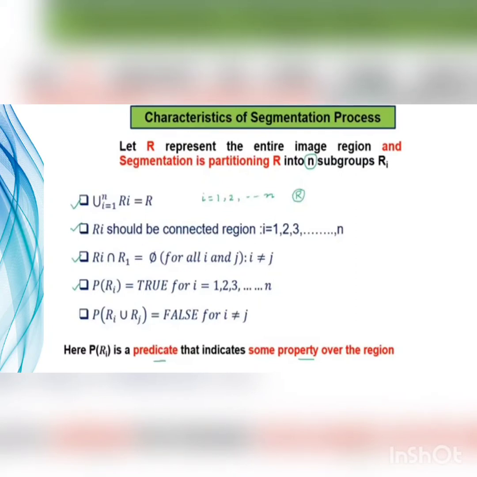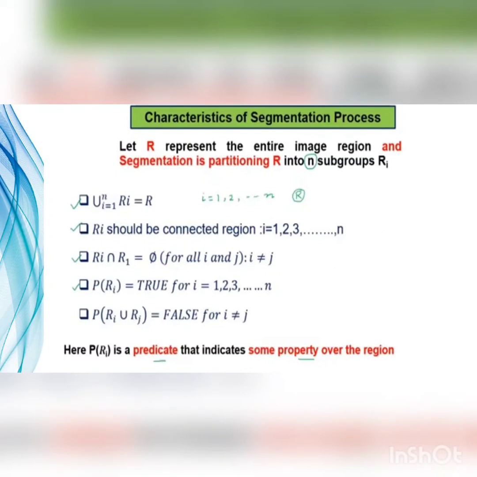The first is the union of Ri for i equal to 1 to n equals R. That is, let R be the entire or original image and Ri the subdivided images. When you take the union or sum up the subdivided images, you can form the original image.